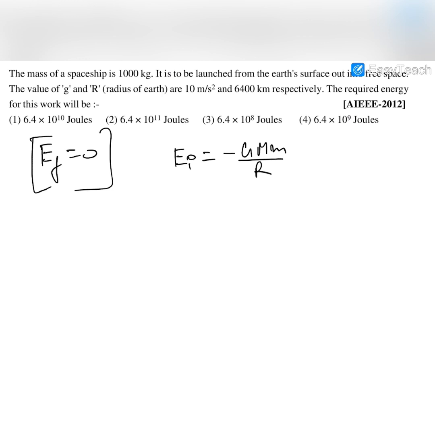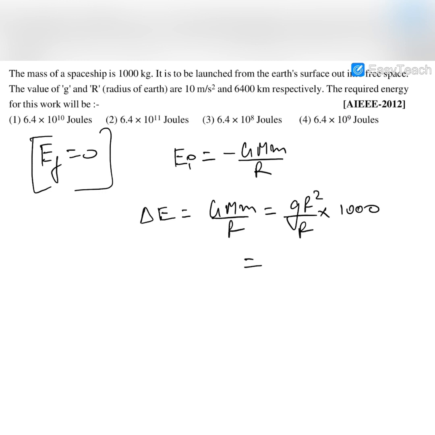So the energy which is required to be given to this spaceship is GMm by R, and GM is gR squared, and m is 1000 kg.